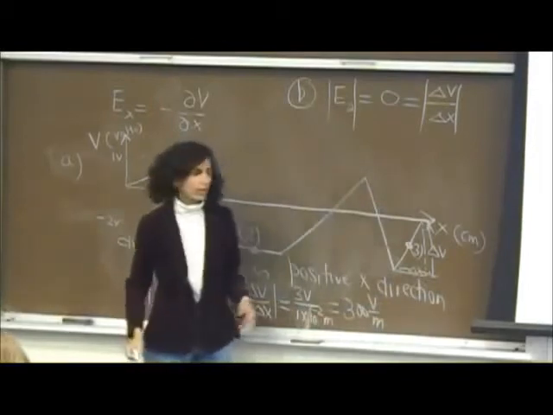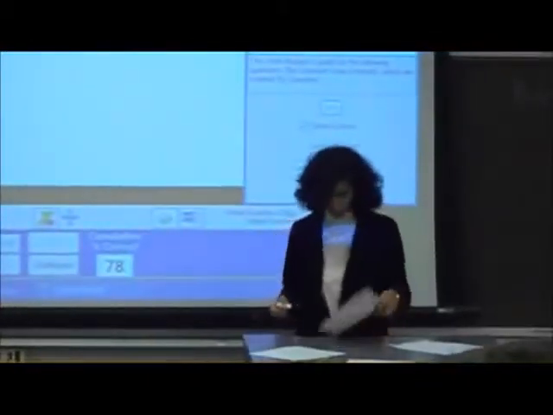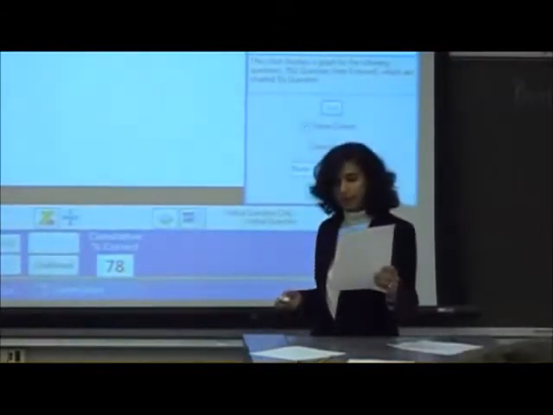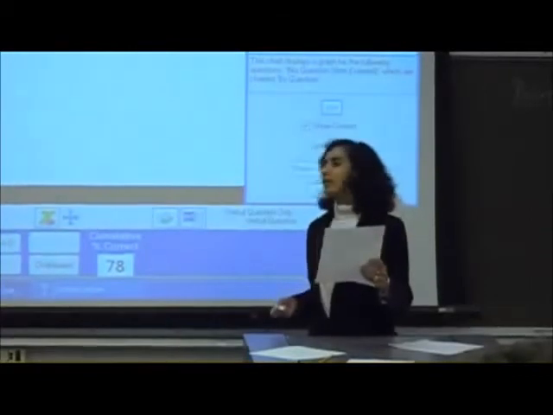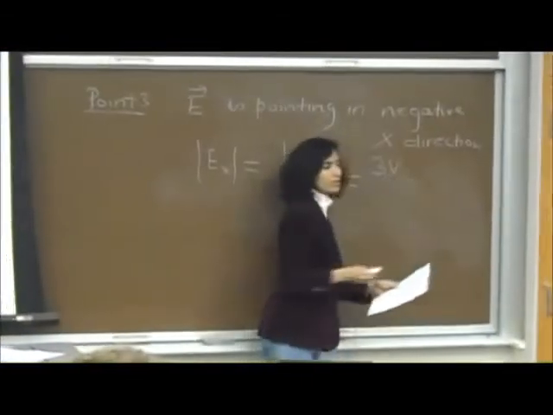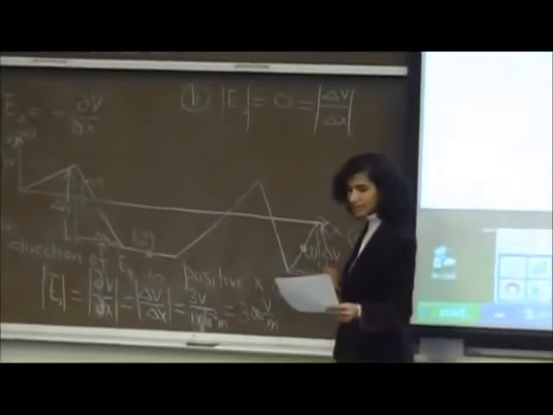Okay, what is delta V? Who wants to tell me from the plot what is delta V? If we take the whole thing. Suppose we take delta V to be 3 volts because we are taking it from the top here to the bottom here, okay? Then what is delta X?